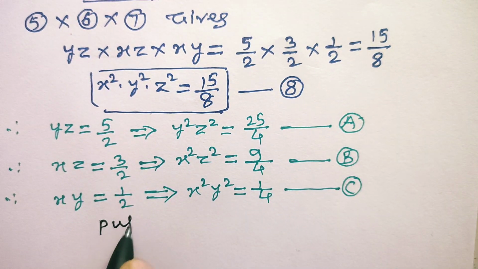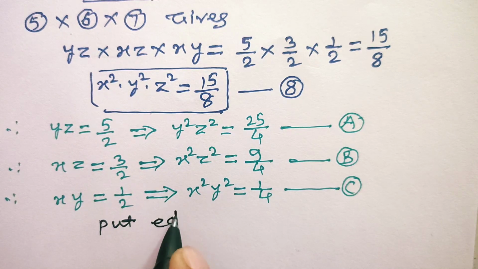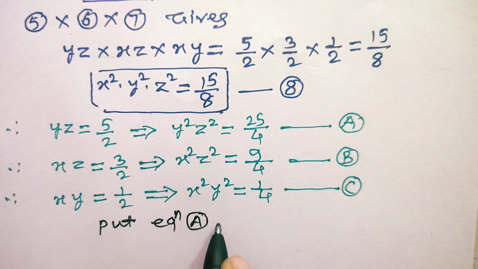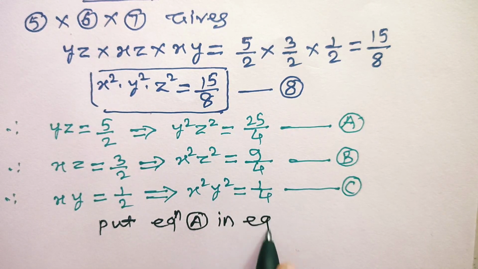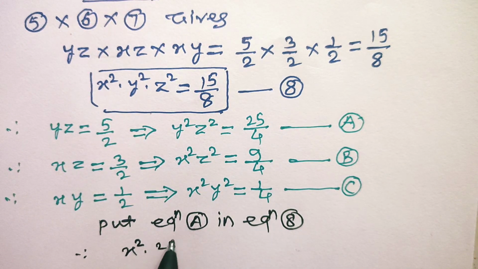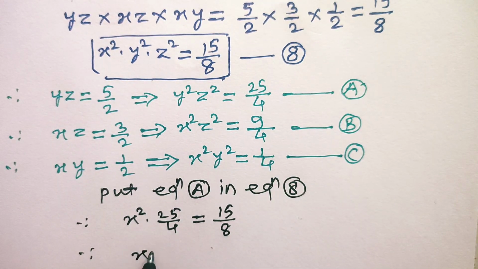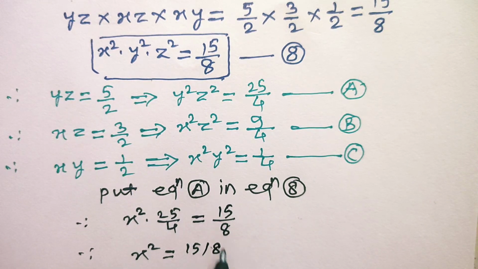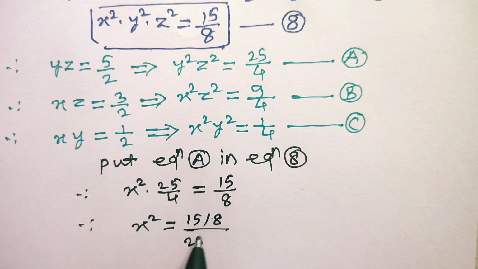Put equation A in equation 8. x² into 25/4 is equal to 15/8. Hence x² is equal to, taking this 25/4 to the right hand side, 15/8 divided by 25/4.